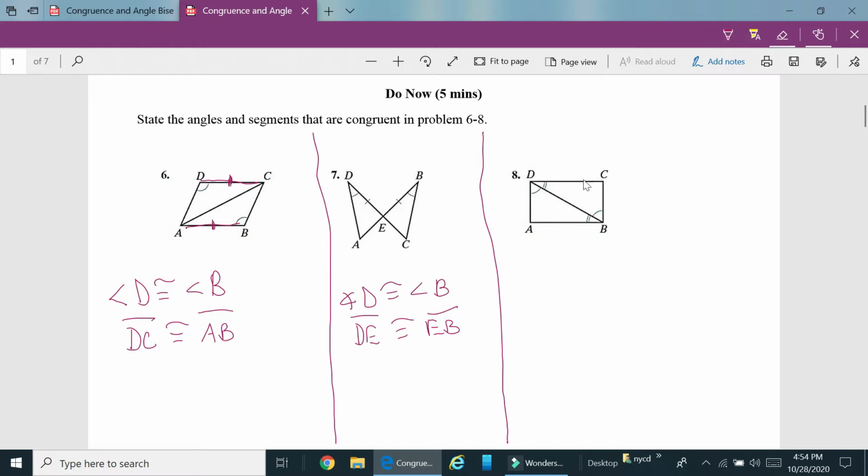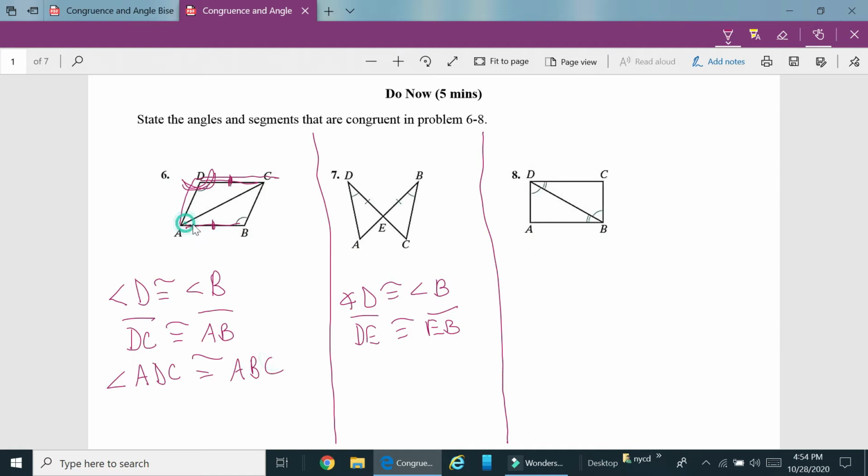Also, because of this last one here, there's two ways to write angles in 6 and 7. I could also write the angle as angle ADC, which is here, ADC. That's the angle right there, is equal, congruent to ABC.